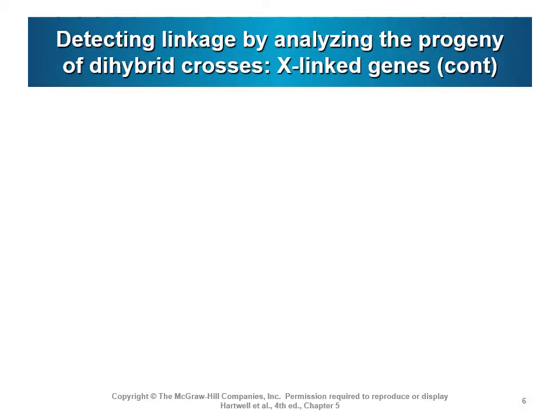So from the original Drosophila slide, we have that the F1 female progeny has W Y plus and W plus Y. Let's think about what happens if they segregate separately. What are the probabilities of having different combinations?